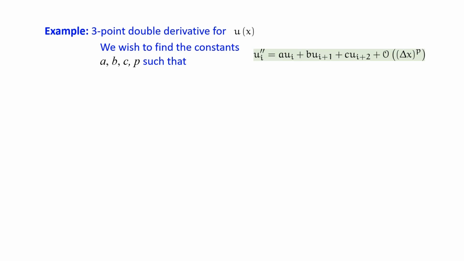We also know how to get the first derivative of u based on u_i, u_{i+1}, u_{i+2}. Here we are asking for the second derivative of u based on u_{i+1} and u_{i+2}. This is just to give an example that any derivative can be found using Taylor series analysis.